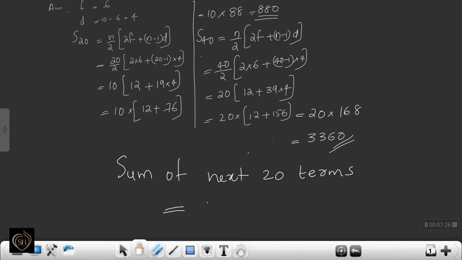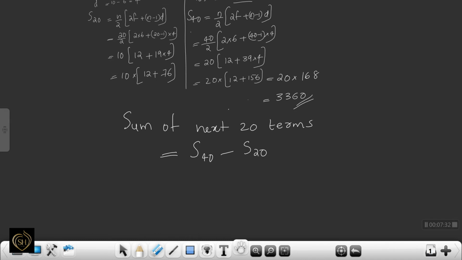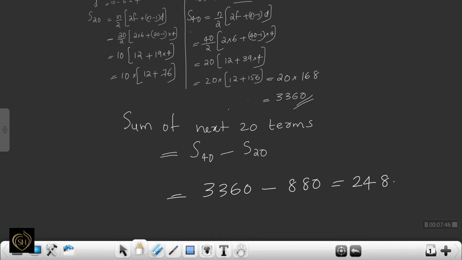It can be calculated by S40 minus S20. That is, the sum of first 40 terms minus the sum of first 20 terms, which is equal to 3360 minus 880, which is equal to 2480.